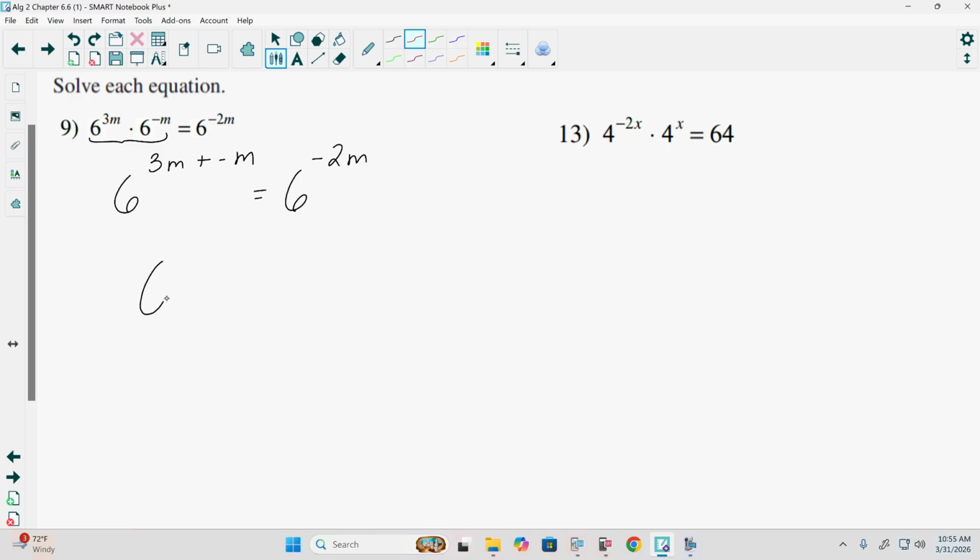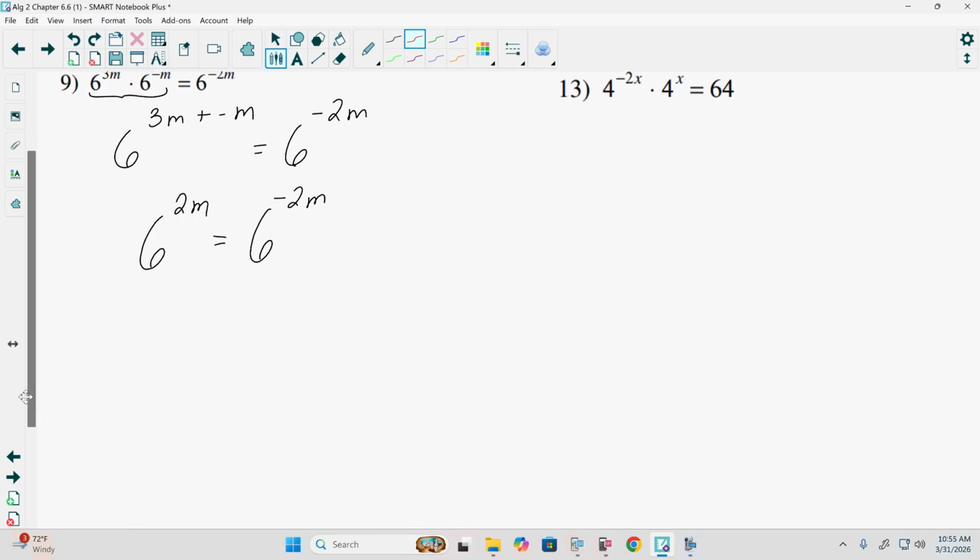Well, 3m plus negative m is 2m. So really we're saying that 6 to the 2m is equal to 6 to the negative 2m. Questions on how we got here? Questions on any of this so far?